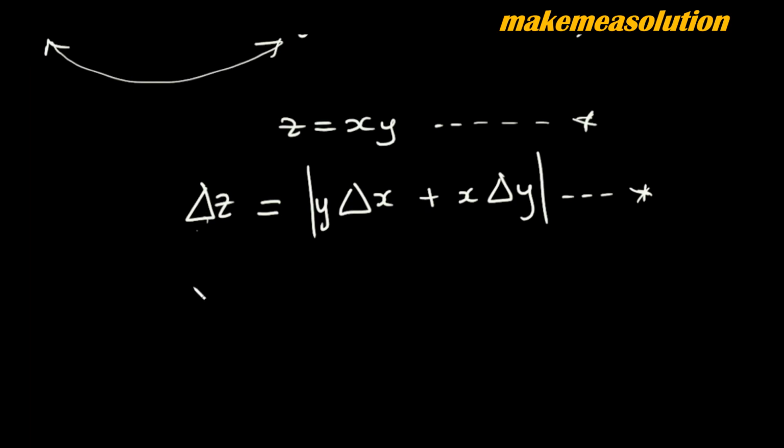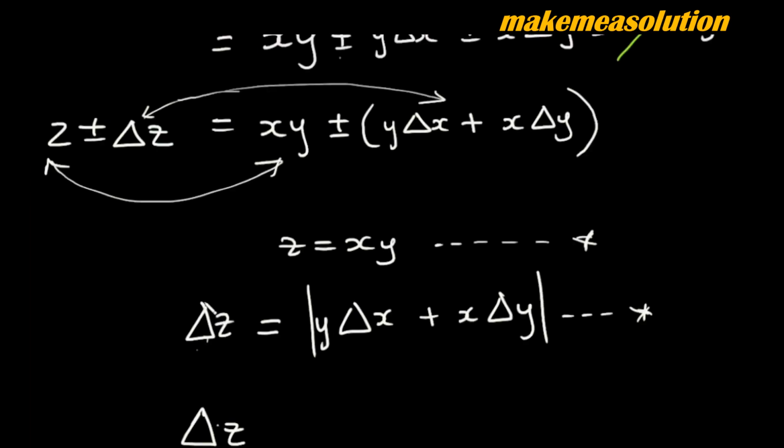And how can we do that? To determine the relative error, what do we need to do? If you can remember, in one of the videos that I posted before this one, I defined relative error for precision. And relative error for precision is given by the absolute error divided by the original measured value.